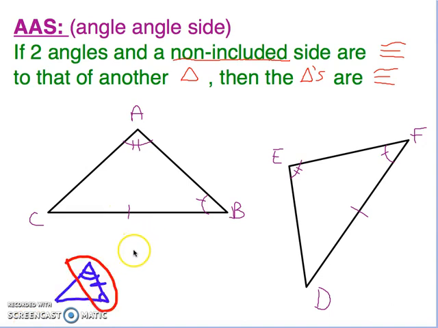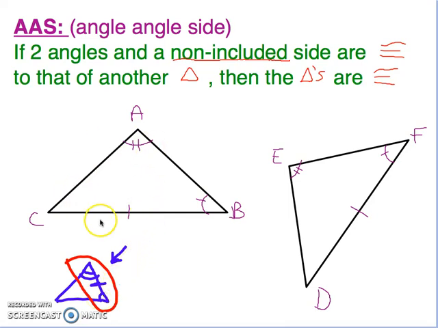So again, if I think back to my triangles on the other page, this was marked and this was marked. If it looks like this, this is angle, side, angle. The side is between the two angles.